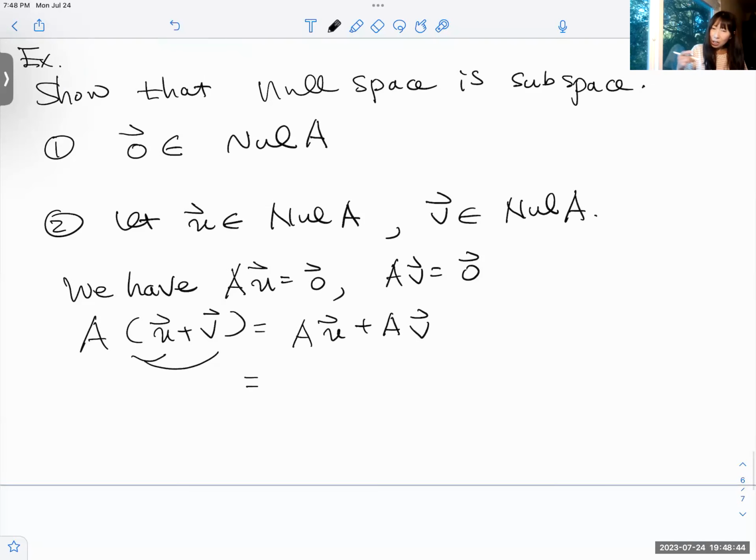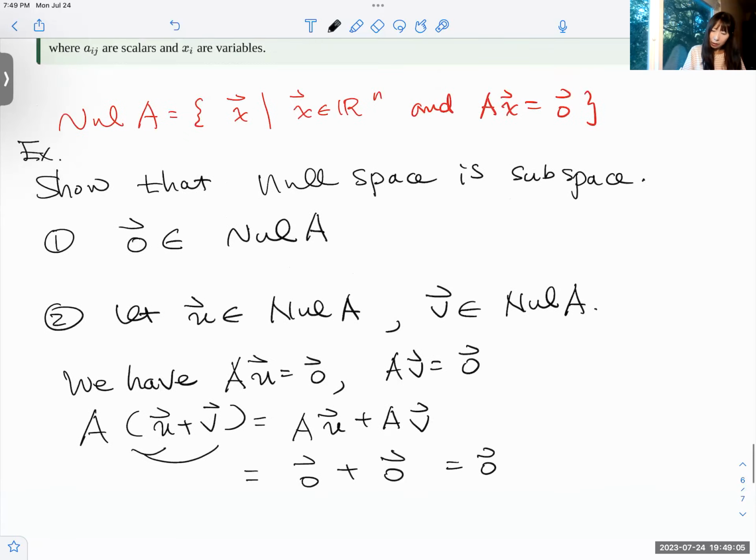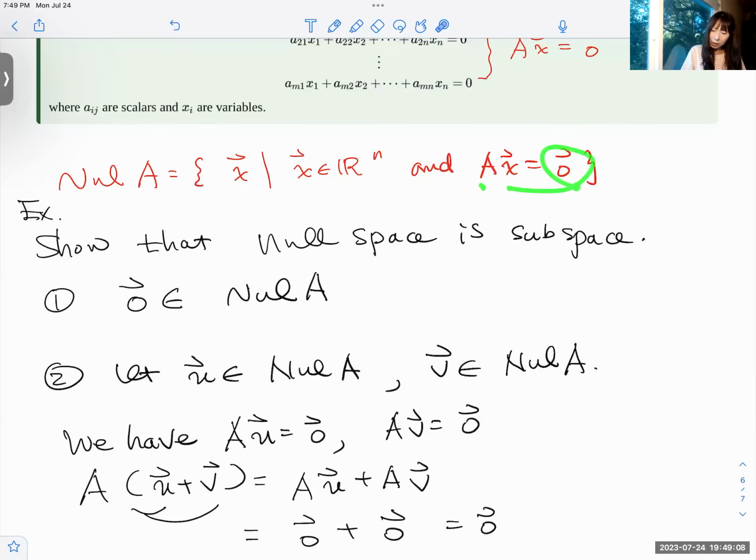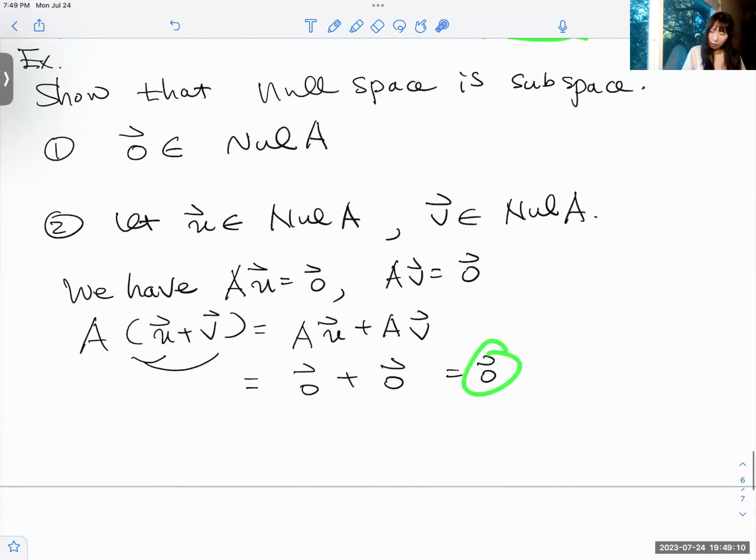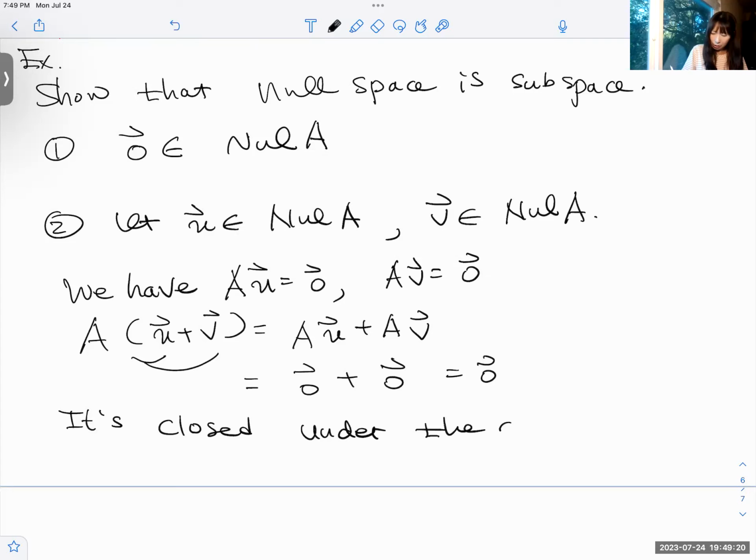AU equal to 0 vector and AV is 0 vector, which is 0. So everything we get is 0. So it's closed under the addition.